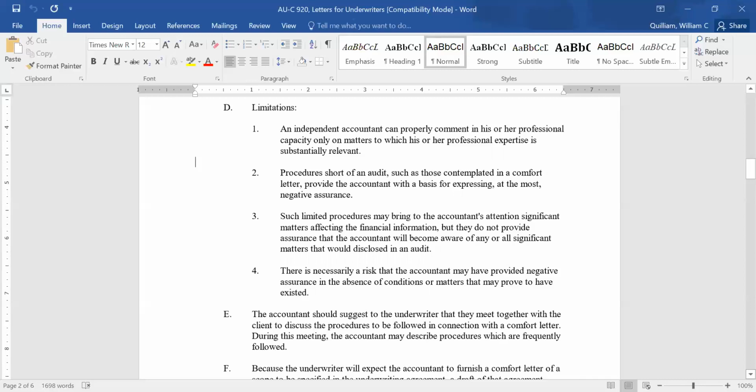Now, procedures short of an audit, such as those contemplated in a comfort letter, provide the accountant with a basis for expressing at the most negative assurance. Here's what we will see. Regarding audited financial statements or something very closely derived from them, we can express positive assurance in a comfort letter.